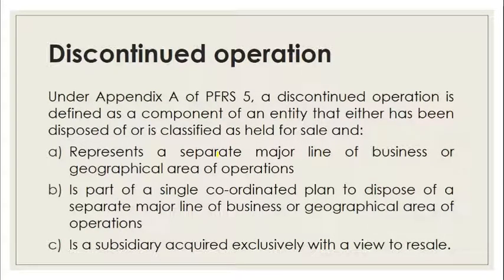Under PFRS 5, a discontinued operation is defined as a component of an entity that either has been disposed of or is classified as held for sale and represents a separate major line of business or geographical area of operations, is part of a single coordinated plan to dispose of a separate major line of business or geographical area of operations, or is a subsidiary acquired exclusively with a view to resale.